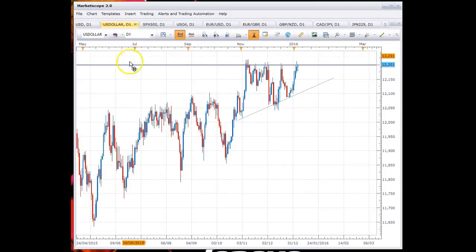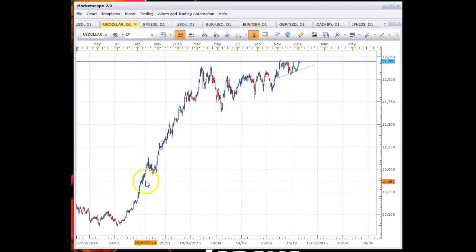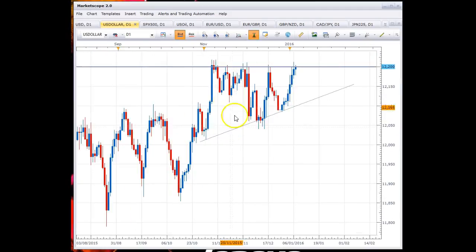So it takes in the US dollar, a basket of currencies: the dollar yen, the pound dollar, an Aussie dollar, I think, and so on. So it puts all that information together and gives an index just for the dollar. But really, the euro US dollar has a strong influence, a strong bearing on this.